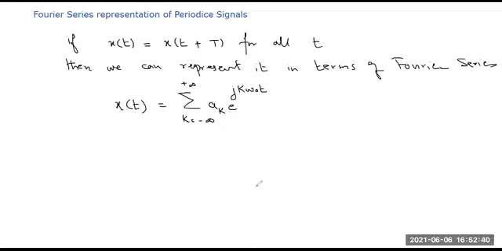We can also represent this equation in another form, and that is representing omega naught in terms of period. So we can also say that the Fourier series is equal to summation over k from minus infinity to plus infinity, a sub k e to the power jk 2 pi divided by capital T, where capital T is the fundamental period.